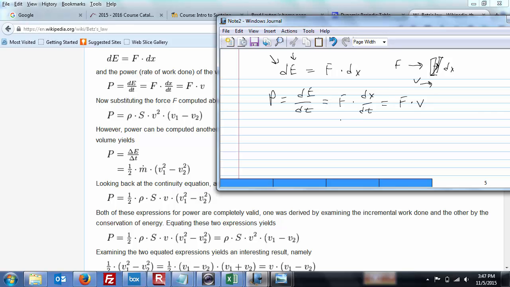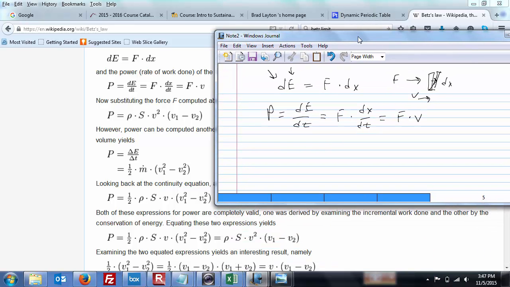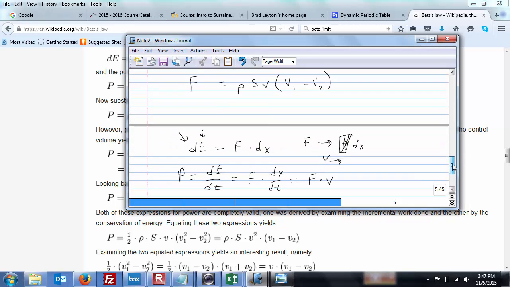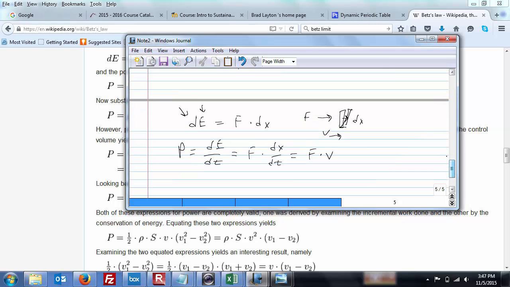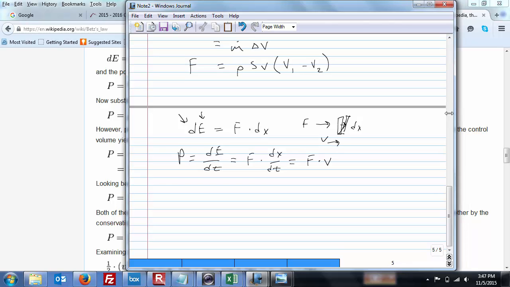Okay. Now, we also know if we substitute the force that we just calculated above, let's go grab that again. The force calculated above was rho S V (V1 minus V2).